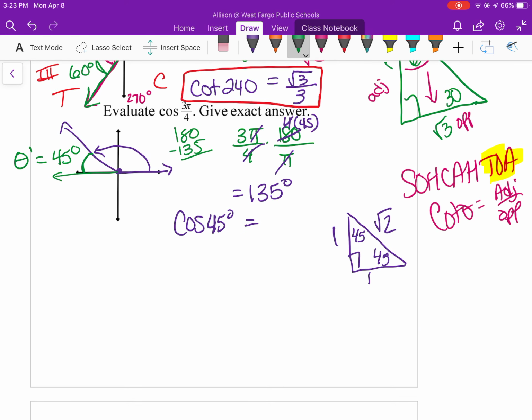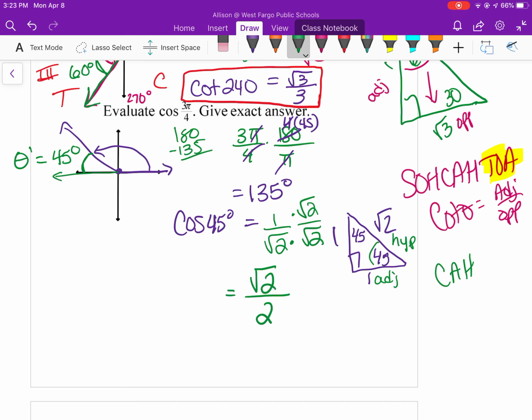And cosine, again, is the CAH, so it's adjacent over hypotenuse. So adjacent and hypotenuse if I use this angle here. So cosine will be 1 over the square root of 2. Now I'm going to multiply both the top and bottom by the square root of 2 in order to rationalize it. That's going to leave me with the square root of 2 over 2.